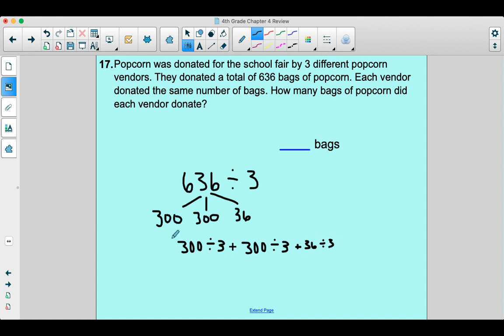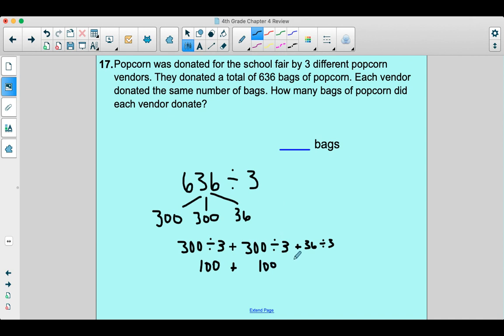All right, so 300 divided by 3 is 100. I know that because 100 times 3 is 300. I basically use multiplication to solve most of my division problems if you haven't caught on to that yet. All right, 300 divided by 3 is 100 again. I love it because I didn't even have to think about it.